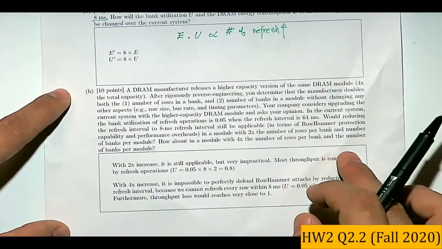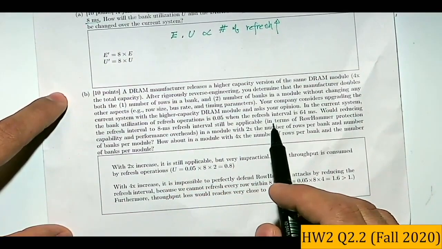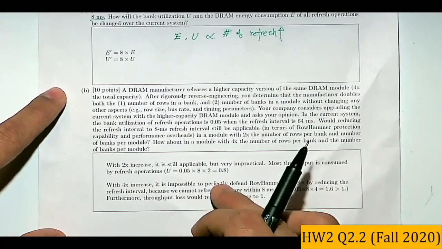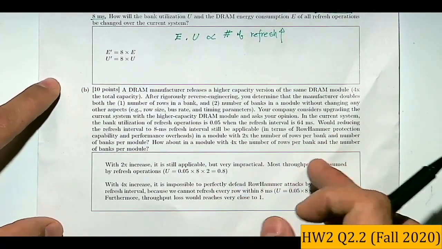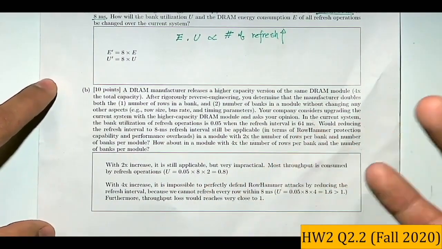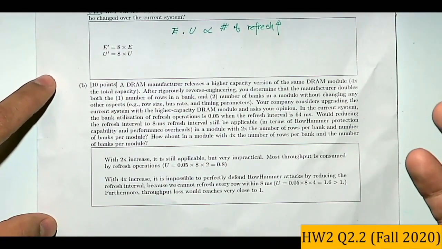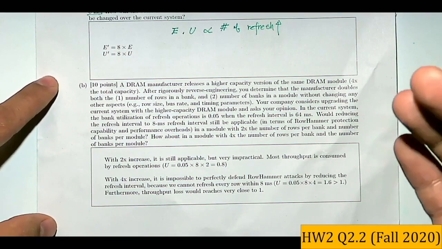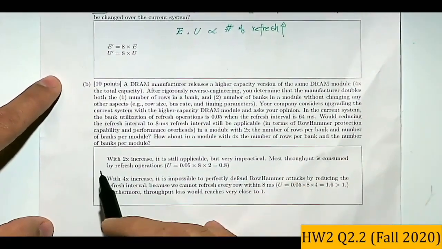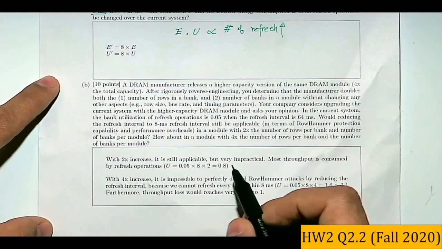So this question is asking how the bank utilization will increase along with these changes, and if the number of banks and number of rows per bank increase 4 times, then how it should be changed. With just a 2x increase, it is still applicable.